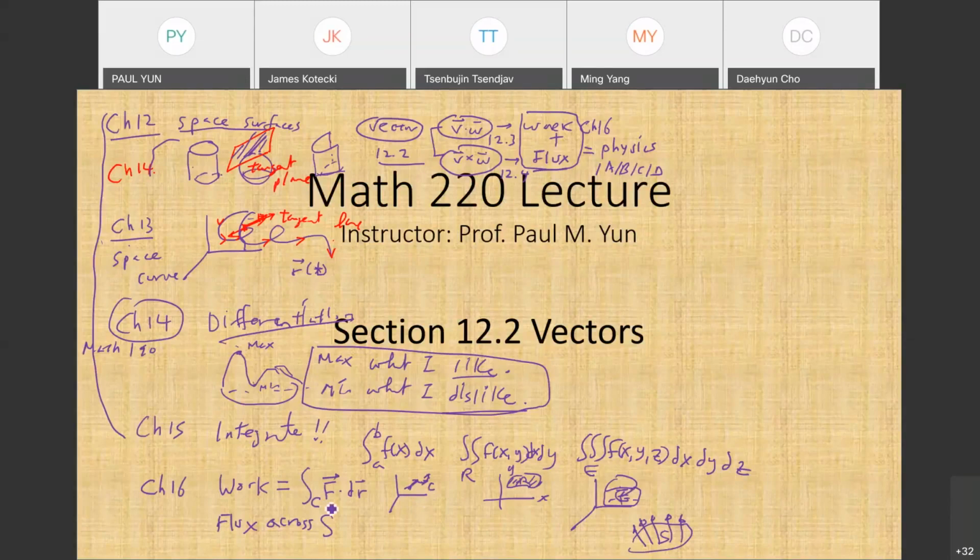How much free work do I get using gravity? Surface, when charges are going through this one, how much is going through this? Cross product. And this is the entire physics.